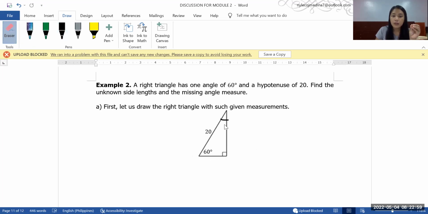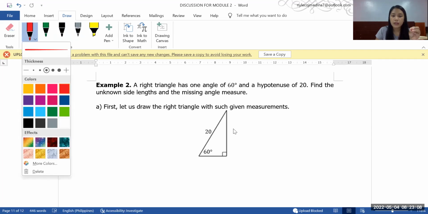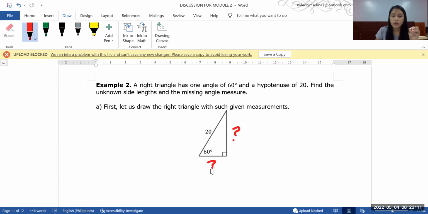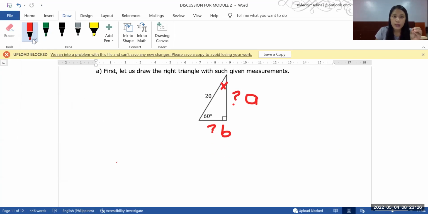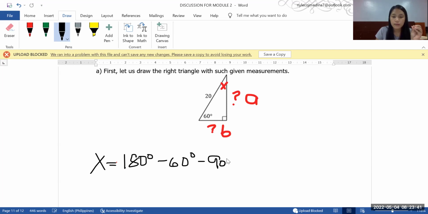Now, using the given measurements, find the missing values. We are looking for two sides, A and B, and one angle. The first one we can get is the angle, because we just subtract. So x is equal to 180 degrees minus 60 degrees minus 90 degrees.